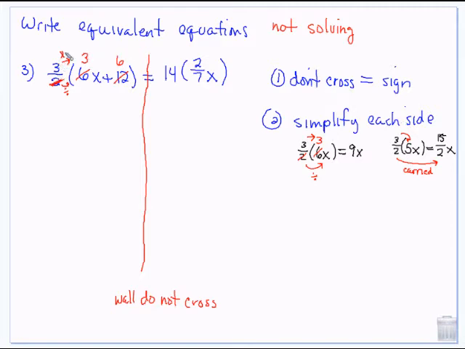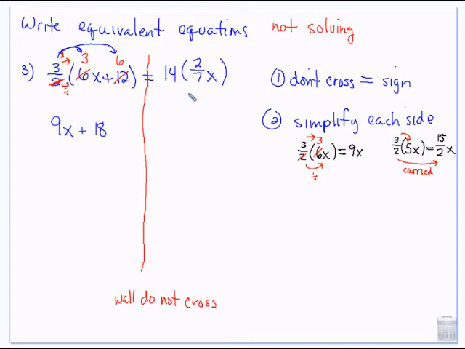And then I multiply. 3 times 3 is 9. I have to keep the x. The x didn't go anywhere. It's just hanging out. And then 3, so I do 3 times 3 and 3 times 6. I can't do anything else with the 9x and the 18, so I'm done with this side.